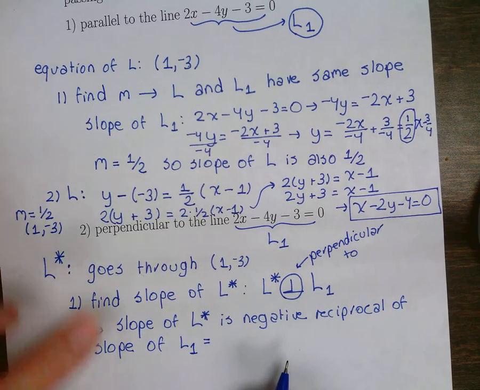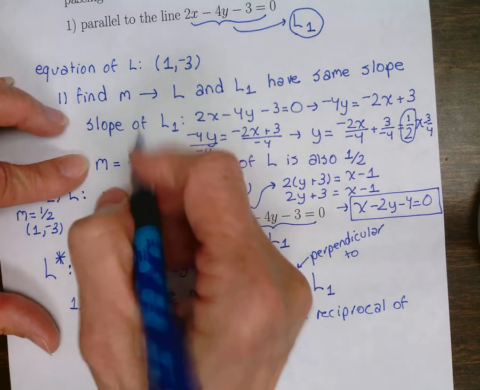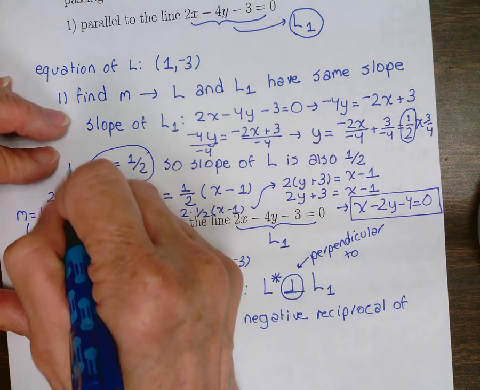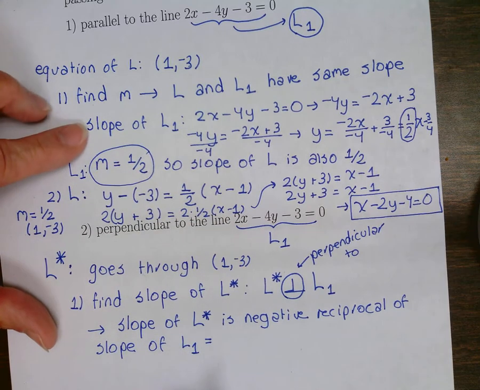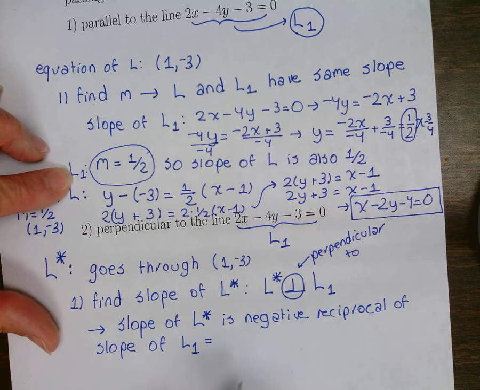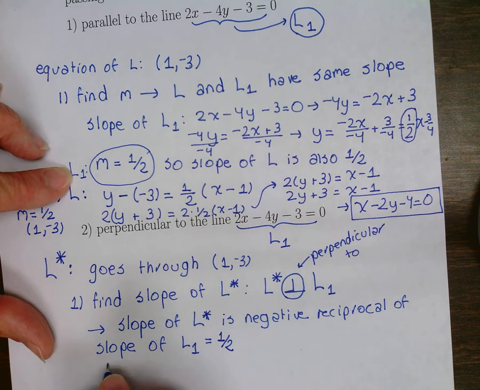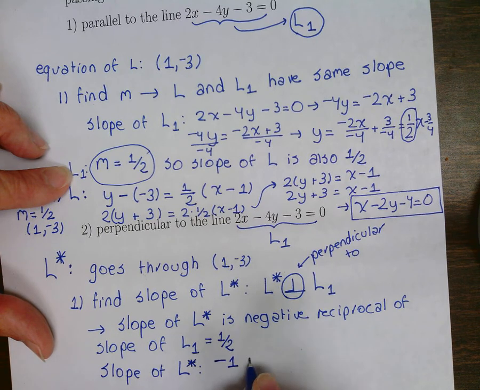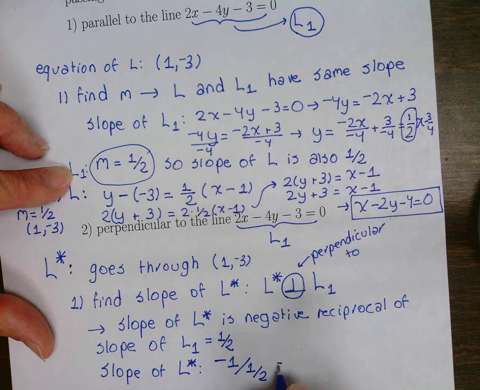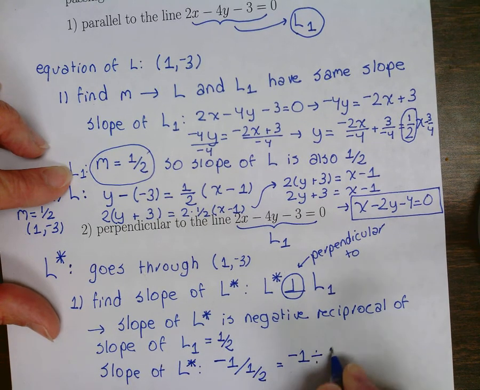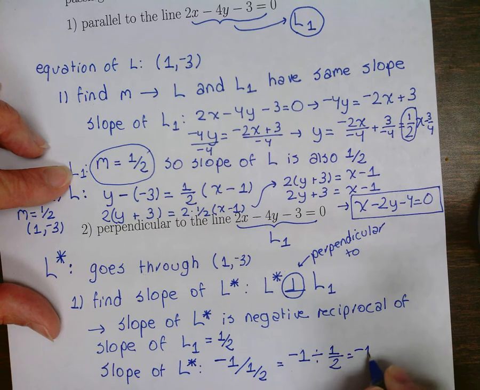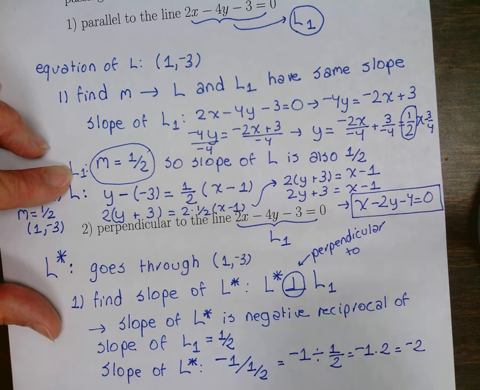And we already saw that the slope of L1 was 1/2. We've already done the work previously. So the slope of L star then, it's the negative reciprocal. So it's minus 1 over 1/2. And that's minus 1 divided by 1/2, which is negative 2.